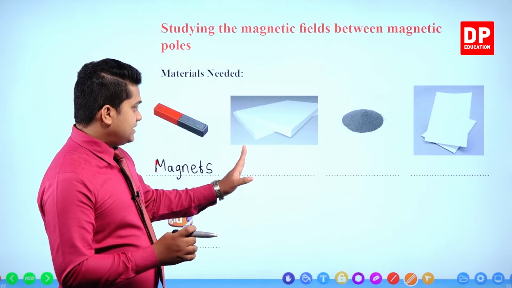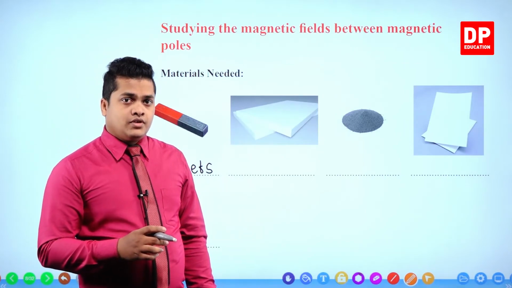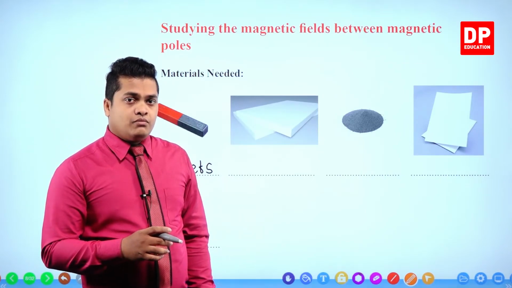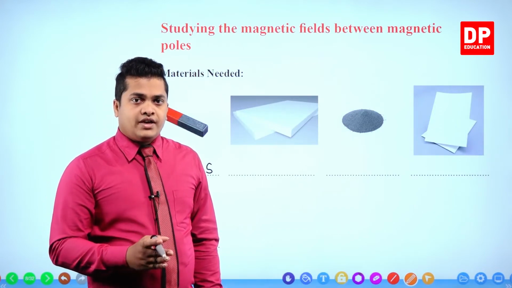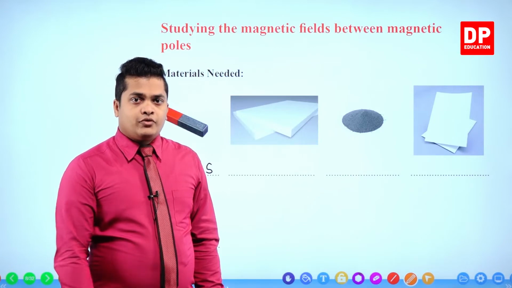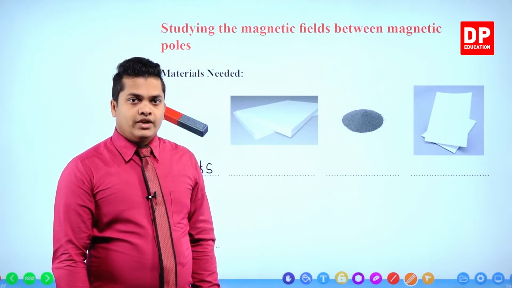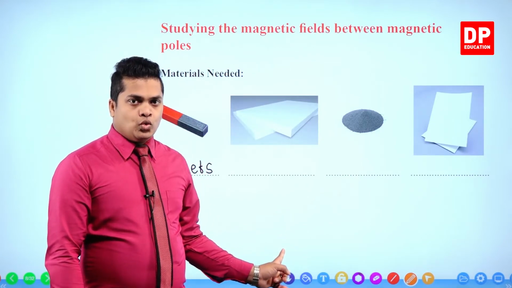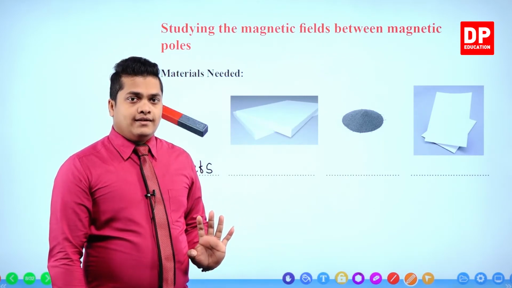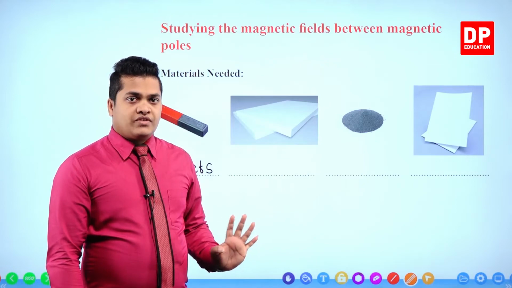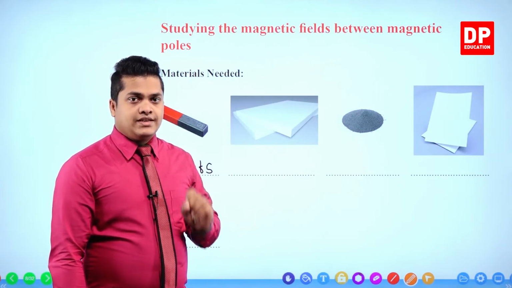These things are rigiform boards. If you can't find 4, then it's okay to use at least 2. I'll mention 2 here, but it's good to find 4 rigiform boards so that we can do this experiment quite easily and quickly.